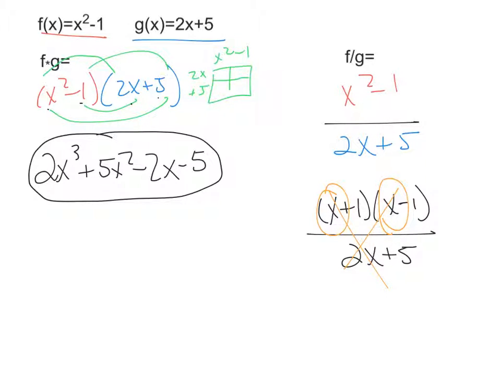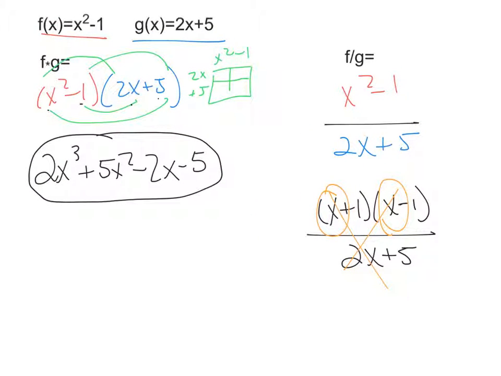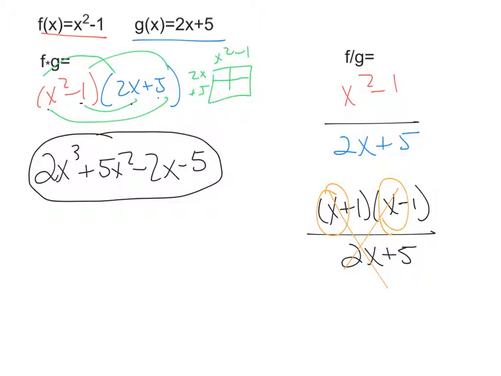Where's my undo button? Undo, undo. It's not letting me undo. Do I have to erase that? That's terrible. Let's see if I can move that. Oh, I can't move that whole thing. I'm going to have to erase that whole thing. How terrible is that? All right, I don't like this program. We might have to start using another program. Where is my eraser? I don't even know where my eraser is now. Oh my gosh, no. All right, that's all gone.